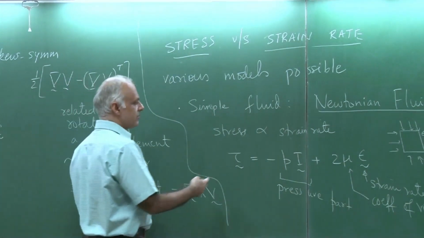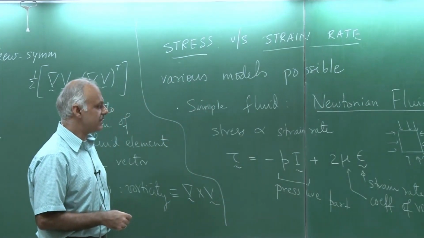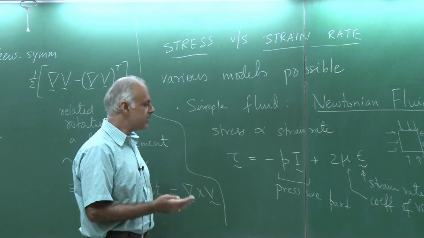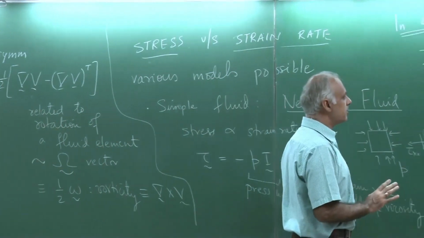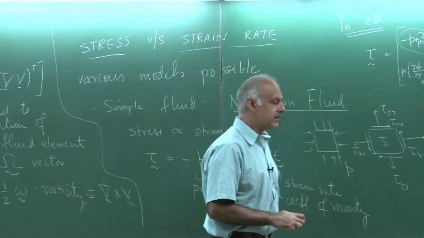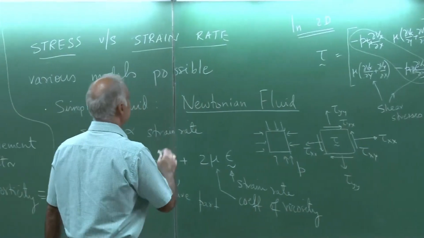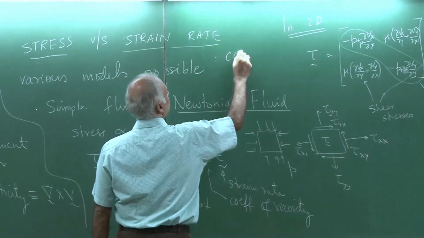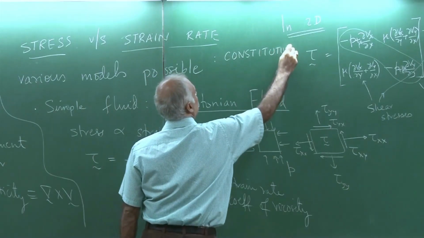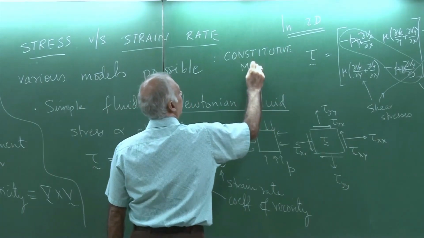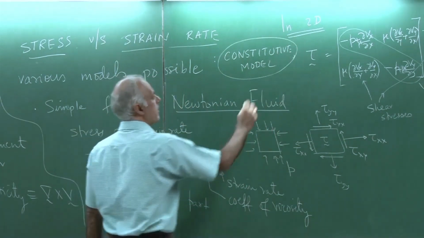You could ask why just strain rate, why not the square of that, why not the cube of that? Sure, that is possible, and that would be a different model. For the purpose of this course, this is the model that we use. This relationship between stress and strain rate is also known as a constitutive model or a constitutive relationship.